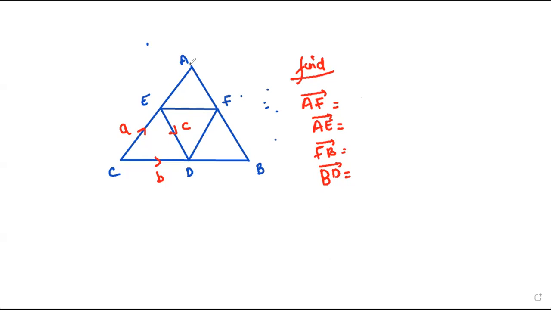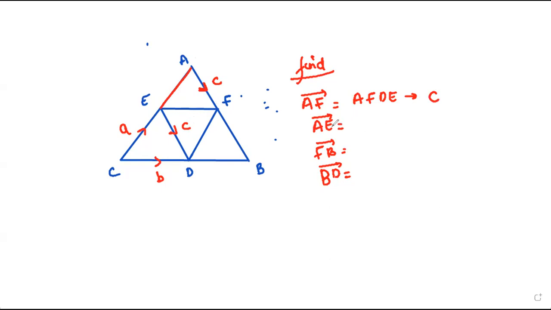I can pick this parallelogram, A, F, D, E. In A, F, D, E, the opposite side is E to D. E to D, I will make the same direction and same magnitude. So A to F will be C.